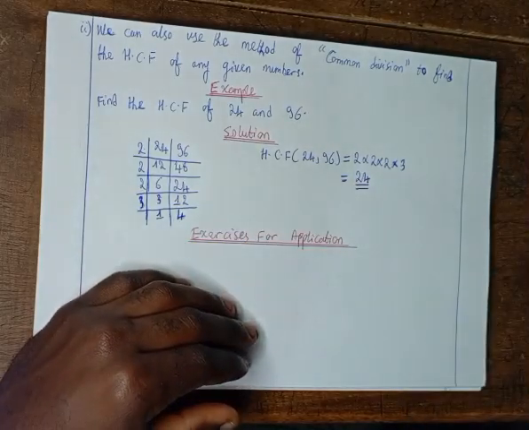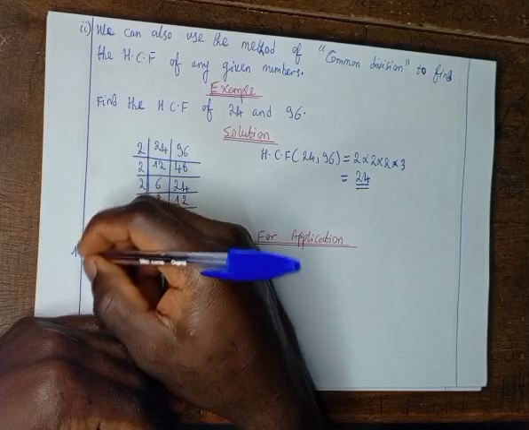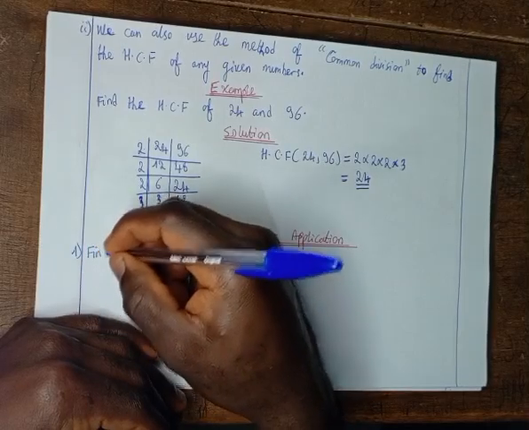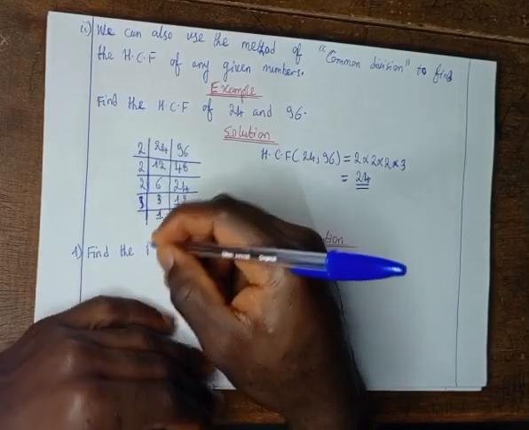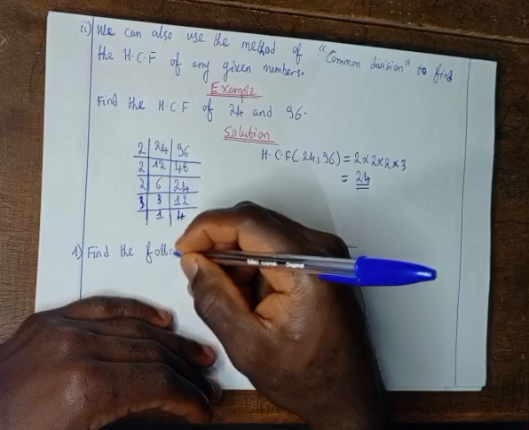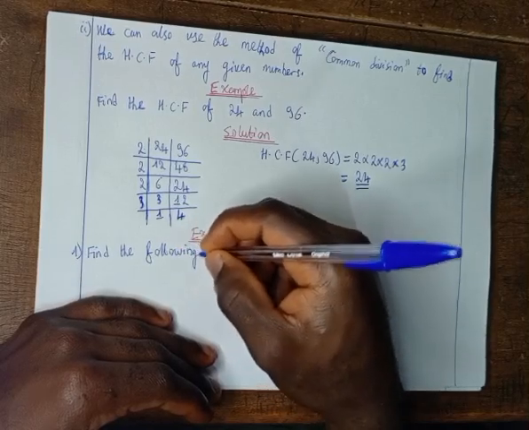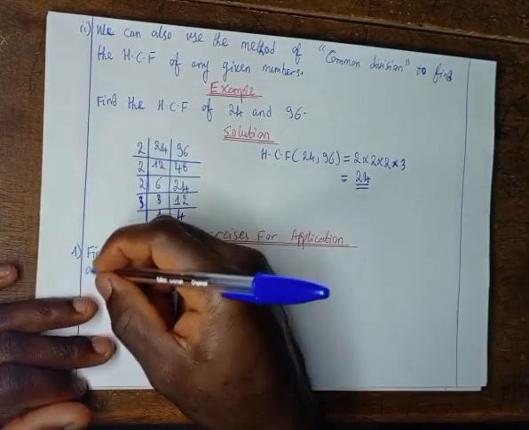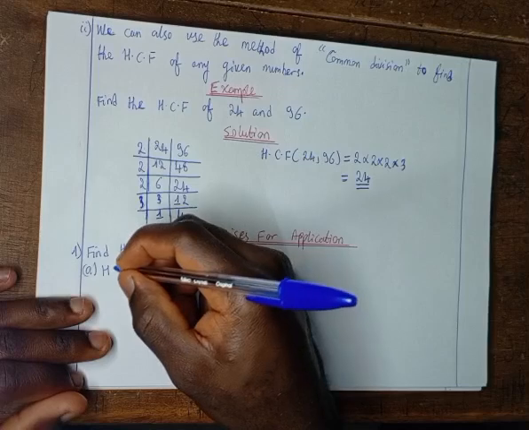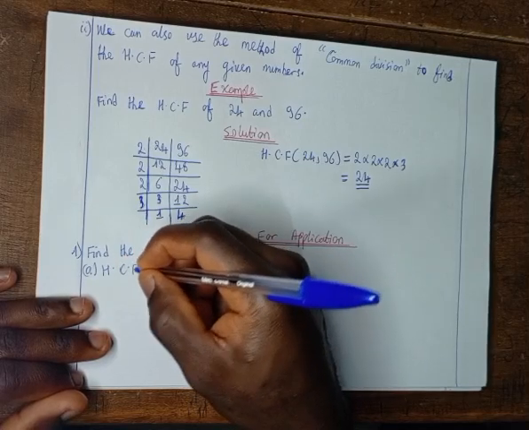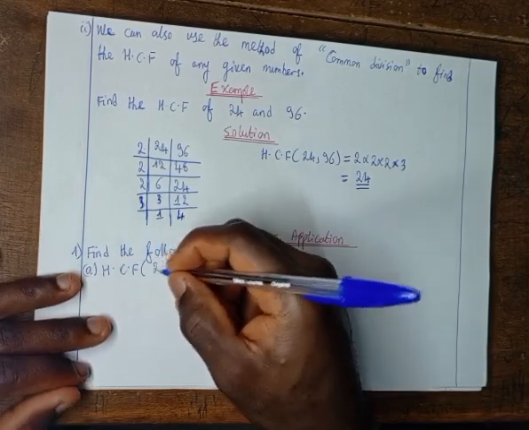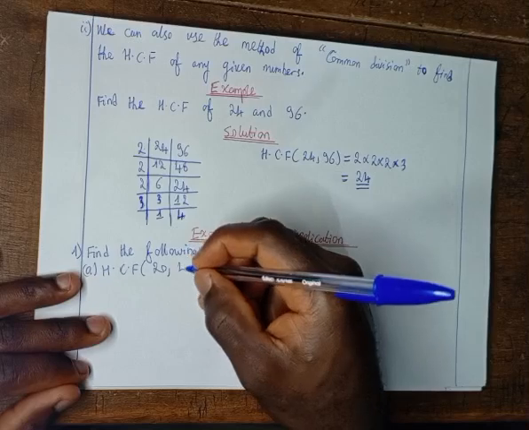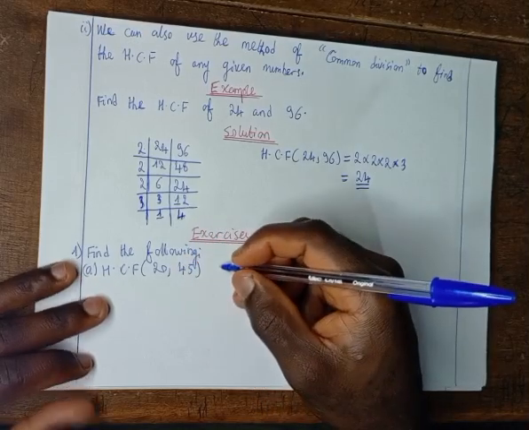Goes for question 1. Find the following. A. We have to find the H.C.F of the numbers 20 and 45.